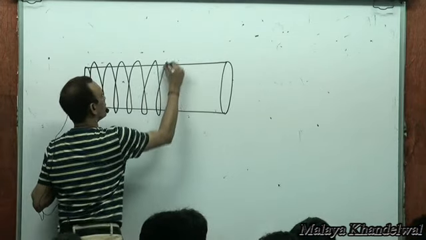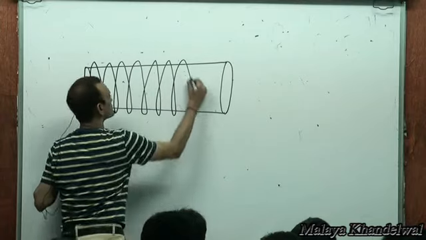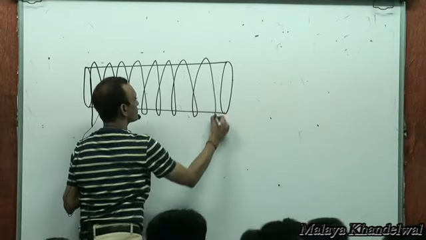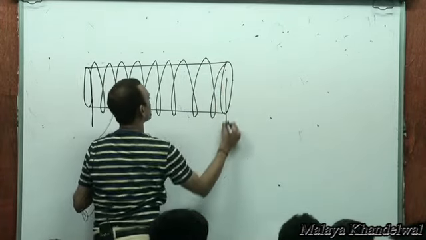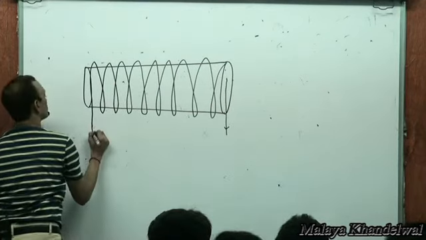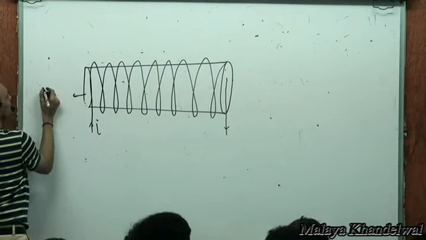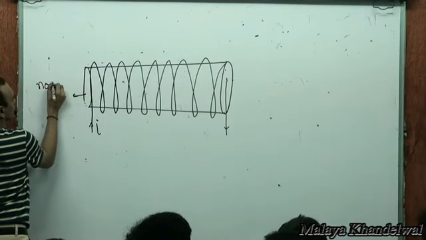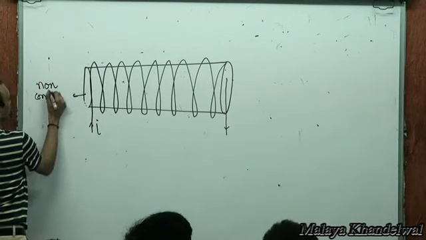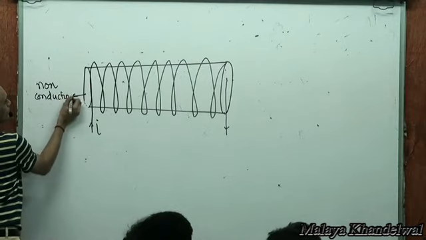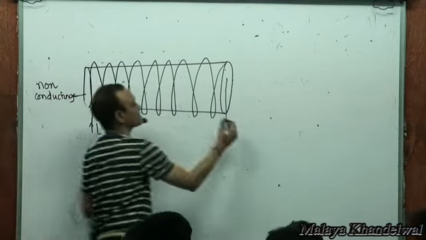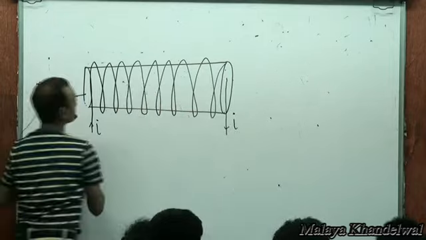Several turns of a coil, closely wound coils turned around the cylinder. Say a current I enters. This cylinder is non-conducting, and these are conducting coils carrying current I.